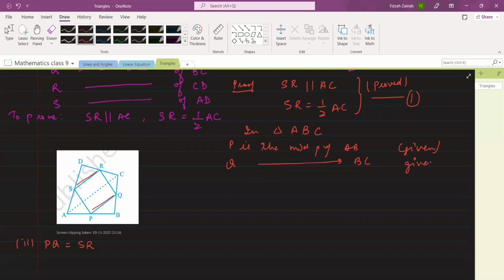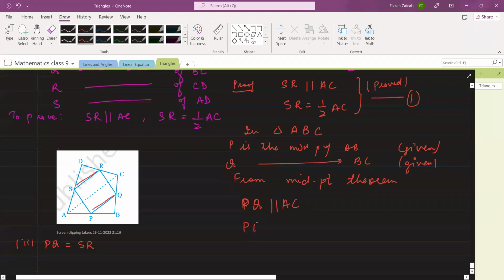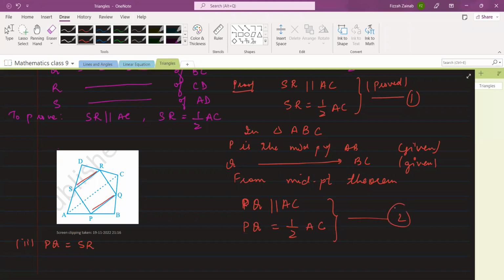So again, from the midpoint theorem, when both are midpoints, we can say that this line segment PQ is parallel to AC. Is that clear? And the line segment PQ is equal to half of AC. Let me call it my result number 2.